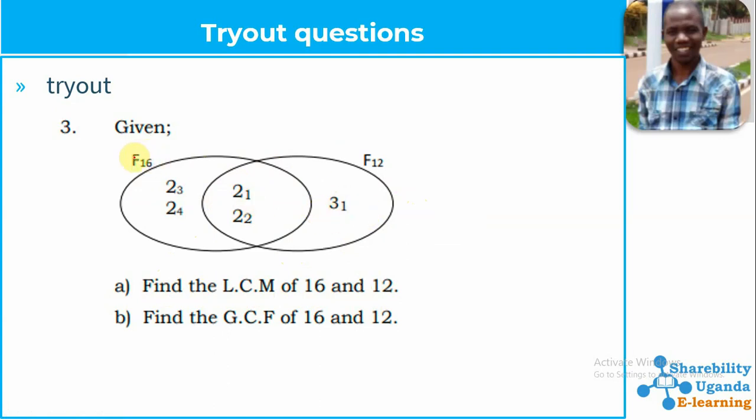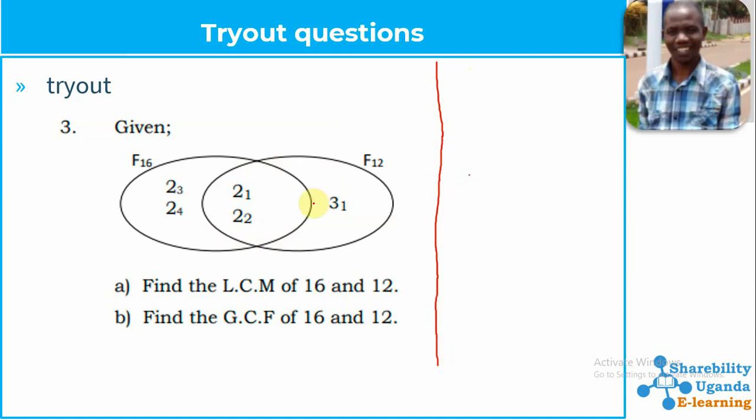These are the prime factors of 16, passing from here up to here, then the prime factors of 12 are passing from here up to here. This uses the basic concept of sets that we looked at in our recent videos.